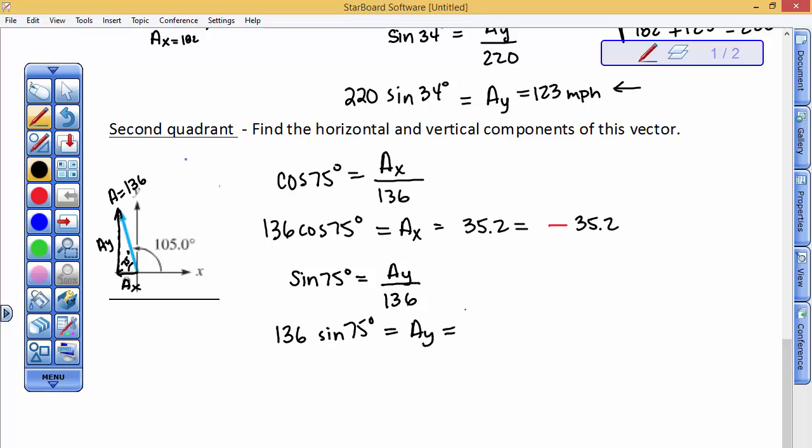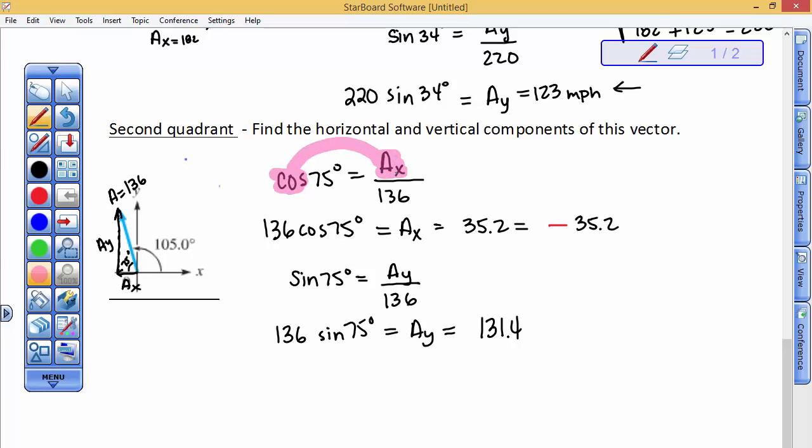Well, that's good. That one's positive, and it turned out positive, and it's supposed to be positive because this vector goes upward. So here's my two answers for this problem. And it's looking as though cosine is always used for an x component, and sine is always used for a y component.